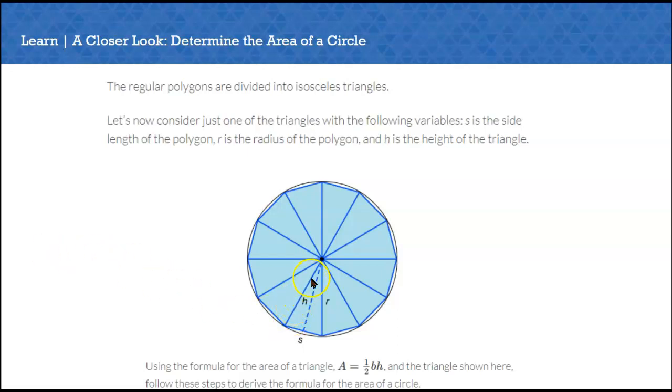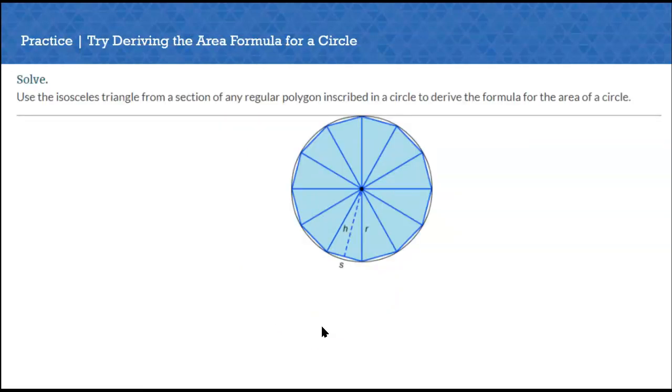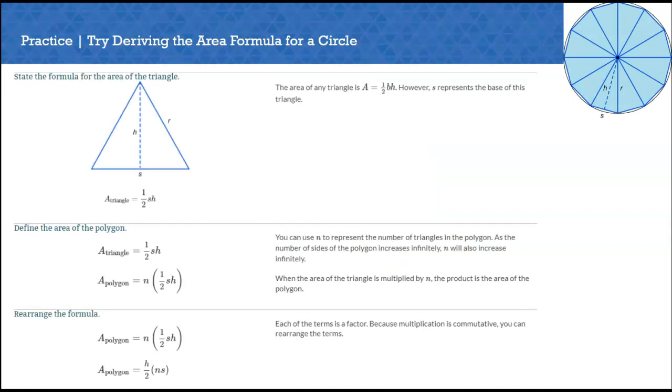And the triangle shown here follows these steps to derive the formula for the area of a circle, where S is the side, H is the height, and R is the radius. Use the isosceles triangle from a section of any regular polygon inscribed in a circle to derive the formula for the area of the circle.